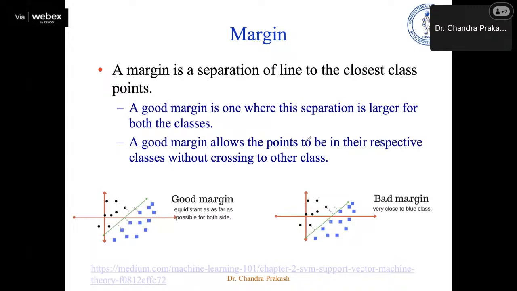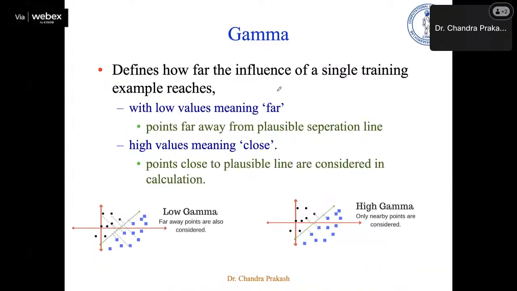Now, this margin is the separation of the line from the closest class, as you can see over here. This is a good margin, where the separation is large for both cases, right? While in the case of a bad margin, this line will shift toward one of the data points, one of the classes. As you can see over here, this is a bad margin. Then we have the concept of gamma.